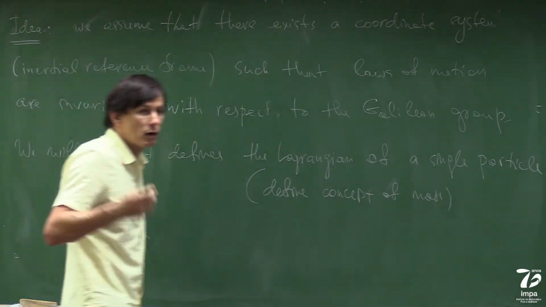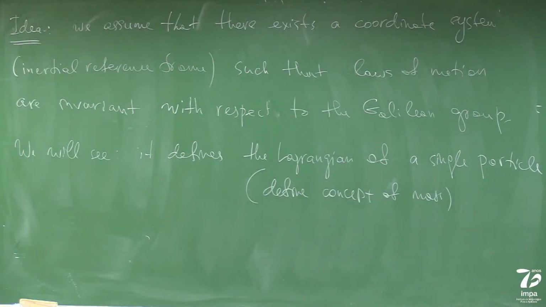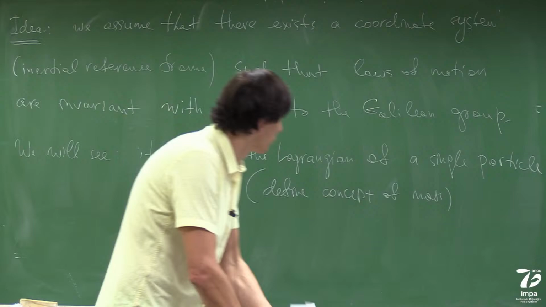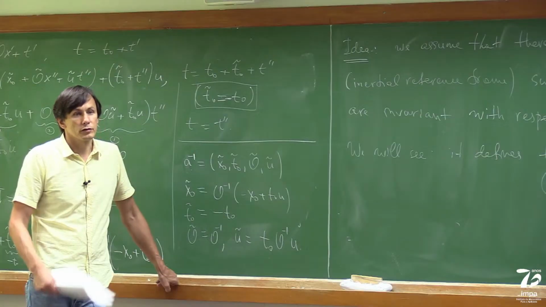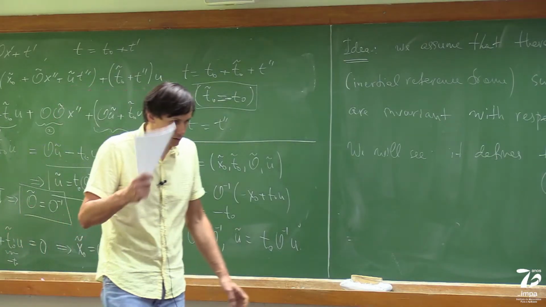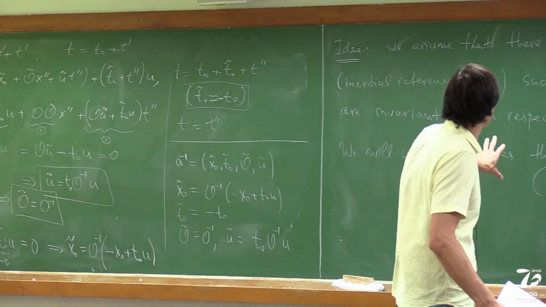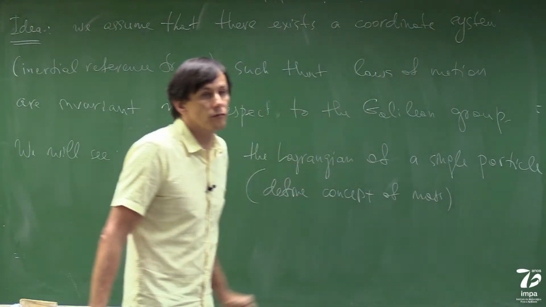So mass will come out from symmetry. And also it will define, to a certain extent, the form of a general system. So the Lagrangian function will not be given explicitly for many particles, but we will have at least a certain, very restrictive structure of the Lagrangian function for an arbitrary number of particles, including all the usual conservation laws that we have: conservation of energy, conservation of mass, conservation of momentum, angular momentum. It all will follow from that property of invariance with respect to the group.